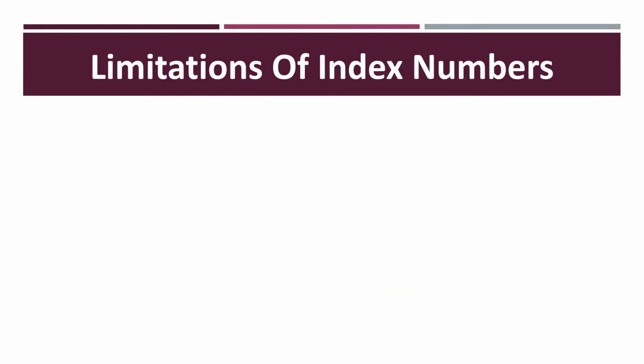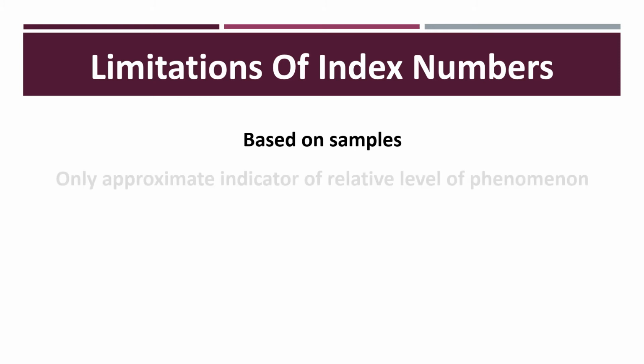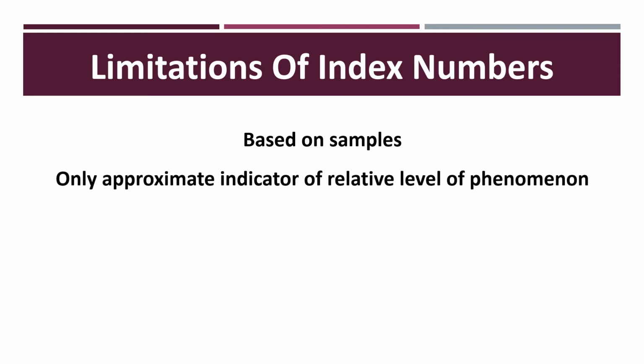Although the index numbers have their own uses, they are not free from limitations. So let us analyze what are the demerits of index numbers. The index numbers are based on samples, so they do not take into account each and every item. Hence, we cannot say that they are perfect. Similarly, the index numbers are only approximate indicators of the relative level of a phenomenon.